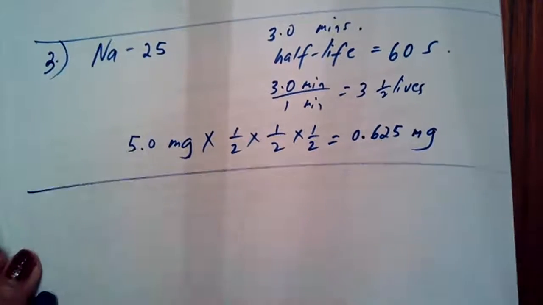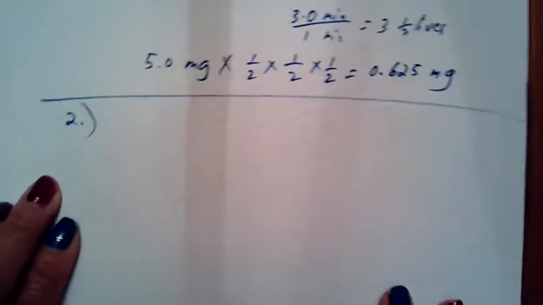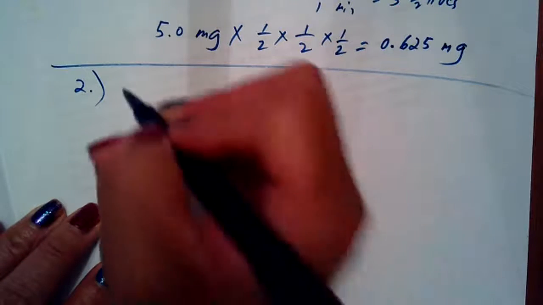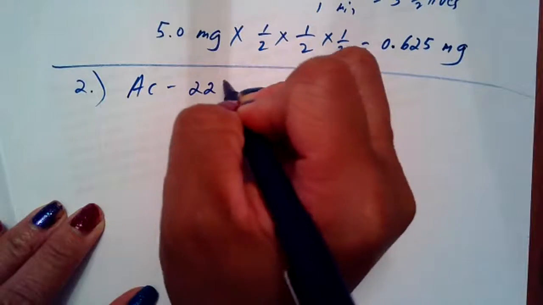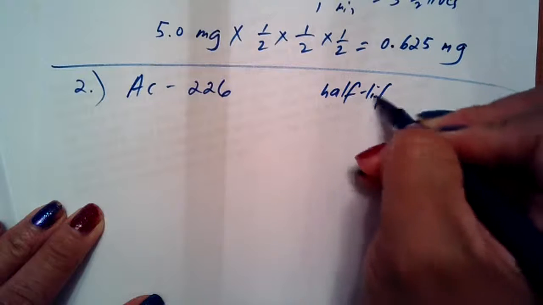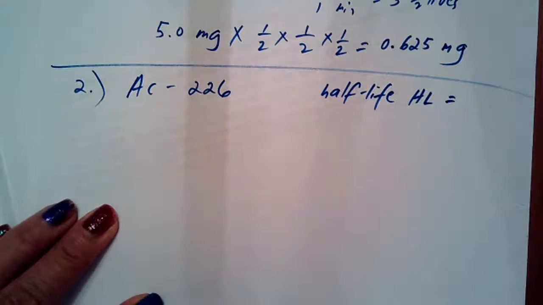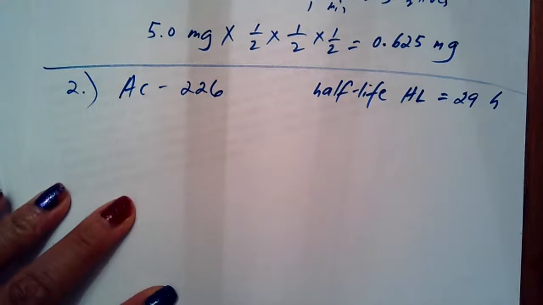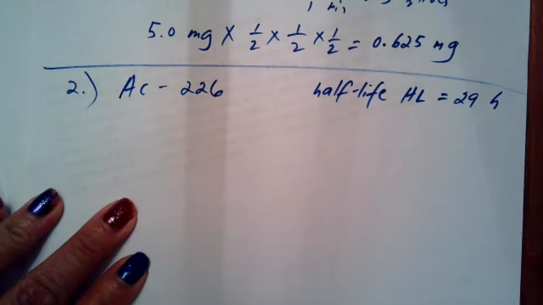That actually was number 3. I did number 3 on our handout, so I'm going to do number 2 now on our worksheet here. So going back, we have actinium 226. Actinium 226 has a half-life, I just call it HL, of 29 hours. If 100 milligrams of actinium 226 disintegrates over a period of 58 hours, how many milligrams of actinium 226 will remain?